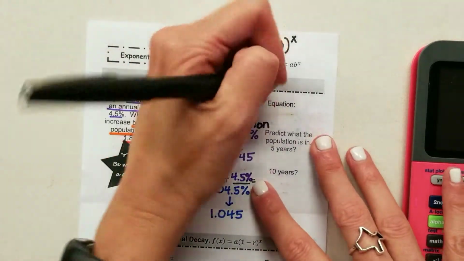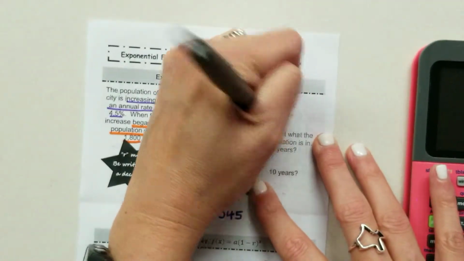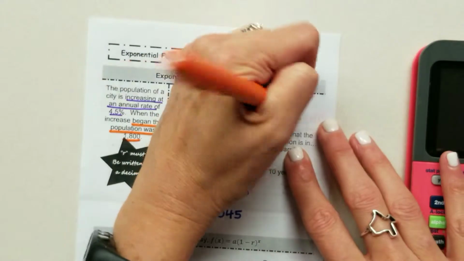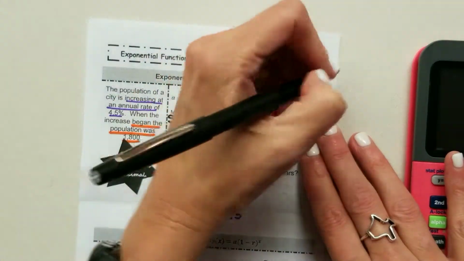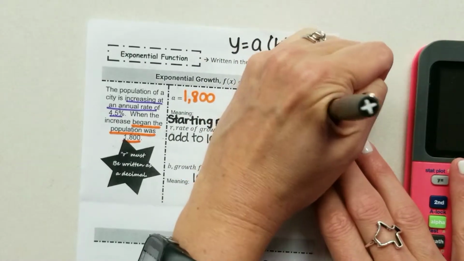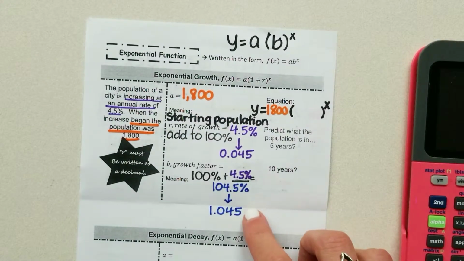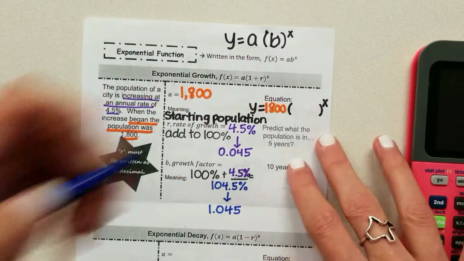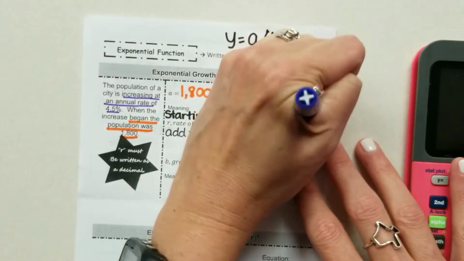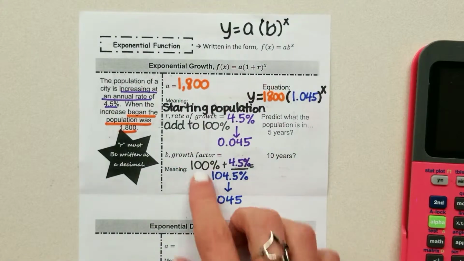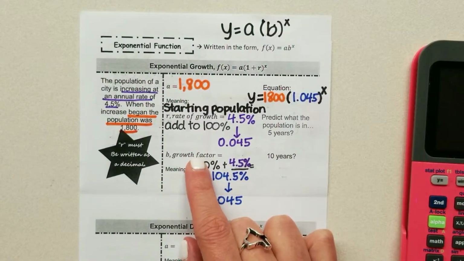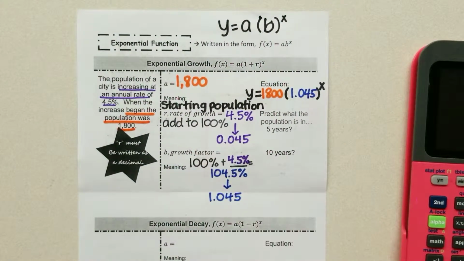So I've got my equation, y equals, I'm going to put my starting amount in here, 1,800. I'm going to put my growth factor in here. So I'm going to put 1.045. That is my equation. And now I have an equation that I can make predictions from. But first thing we've got to do is write the meaning. Your growth factor just tells you if you're increasing or decreasing.